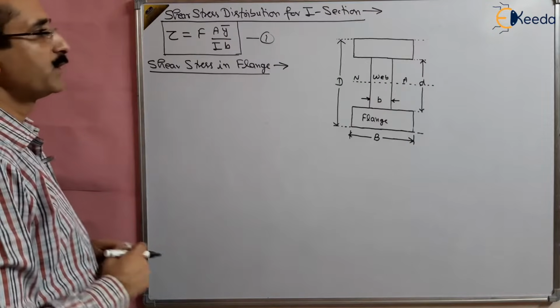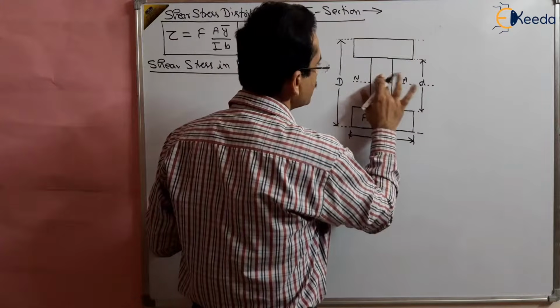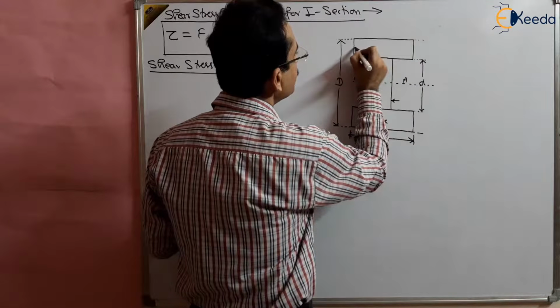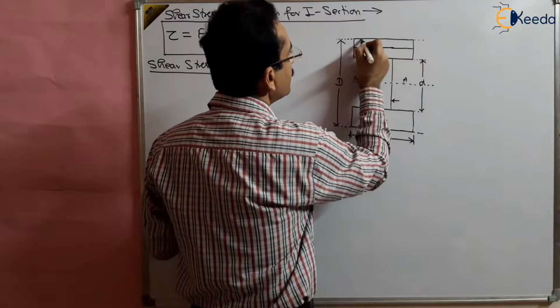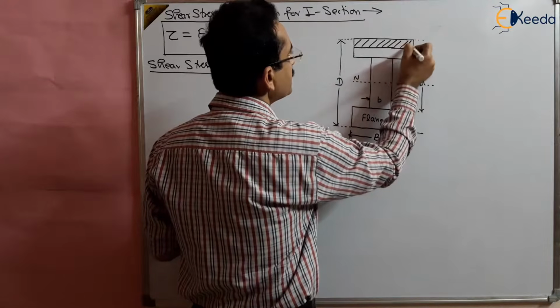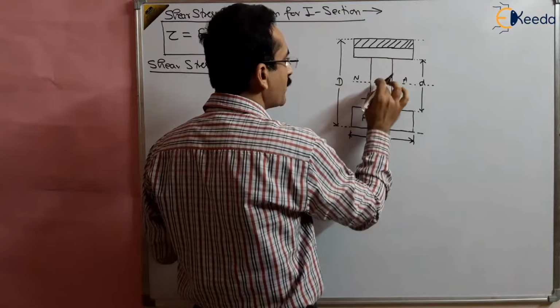For that, we can take a small element like this. Suppose we have taken a strip at a distance y from the neutral axis.